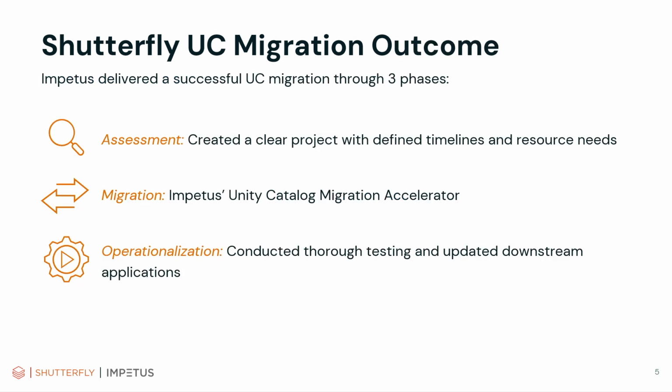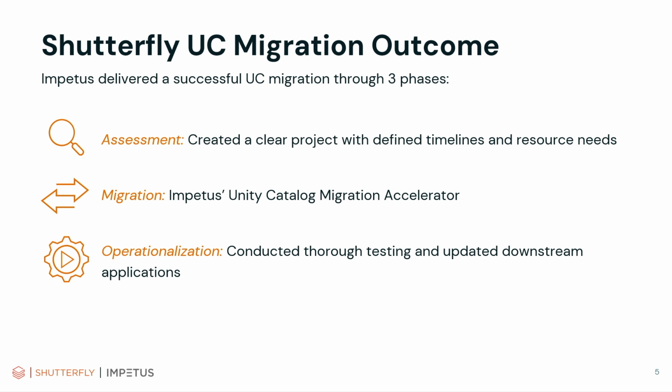So Impetus collaborated with Shutterfly to deliver a successful UC migration through 3 phases. One was assessment, so basically inventorying all our data assets and creating a clear project plan with defined timelines and resource needs.